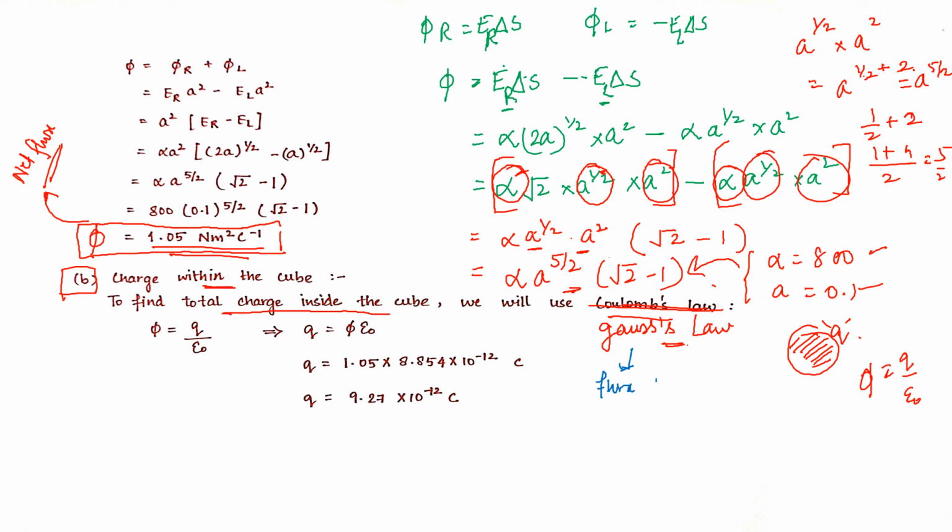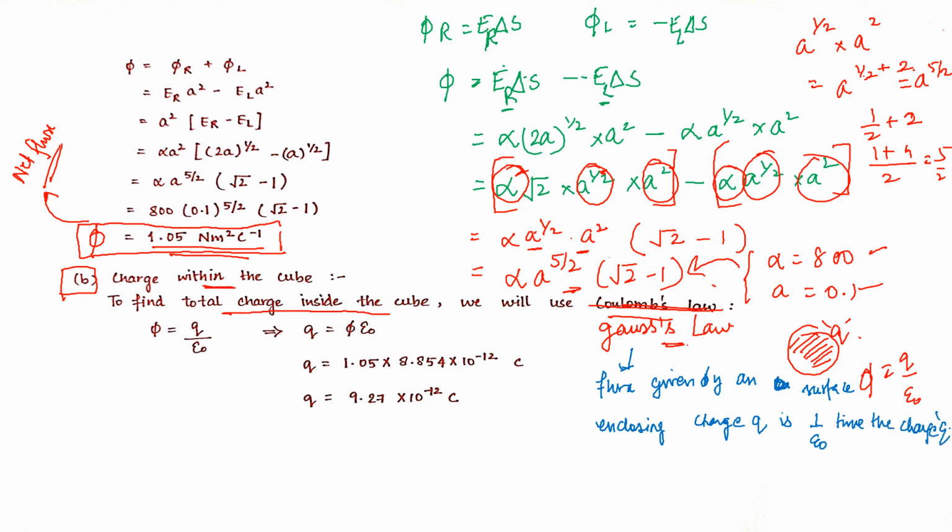Gauss's law states that the flux enclosed by a surface enclosing charge q is 1 by epsilon naught times the charge q.